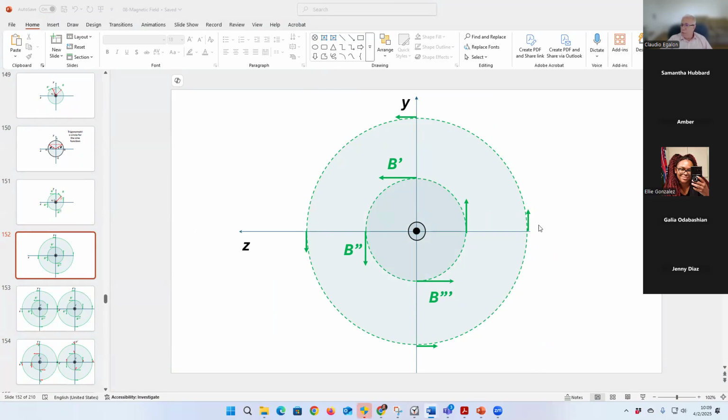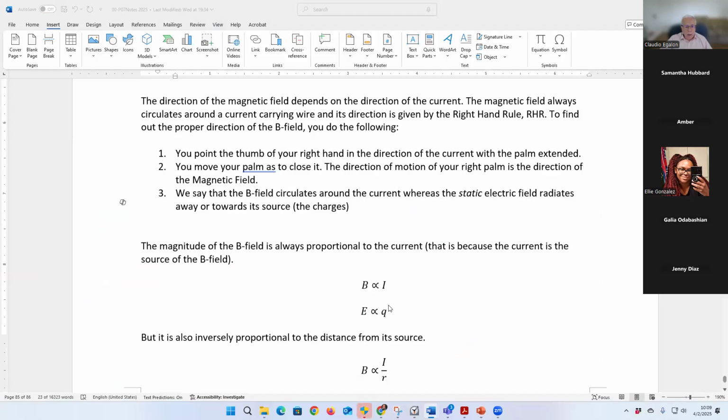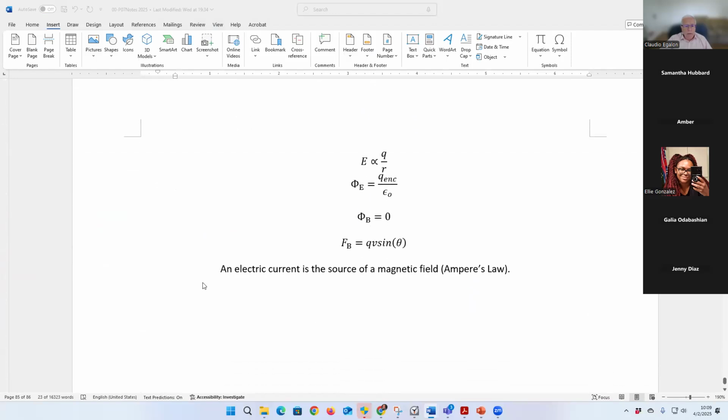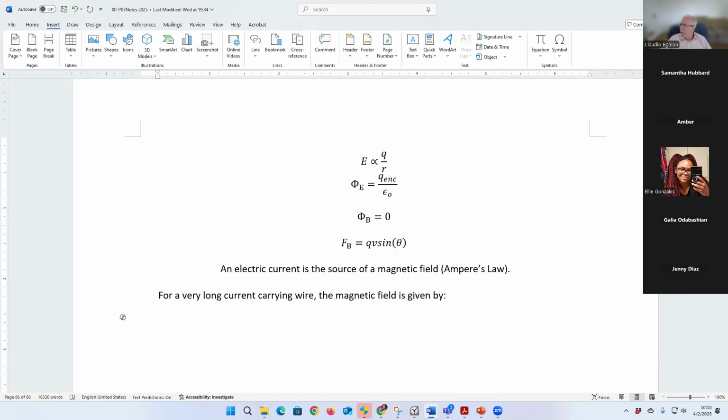That's a qualitative treatment. And for a very long current carrying wire, I'm going to give you the result without proving it for now. The magnetic field is given by the following equation.